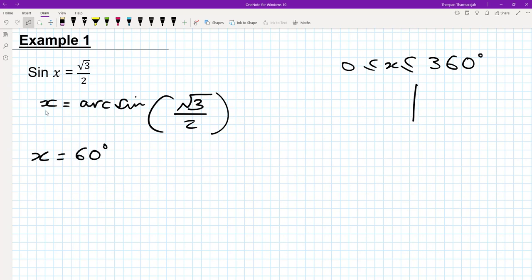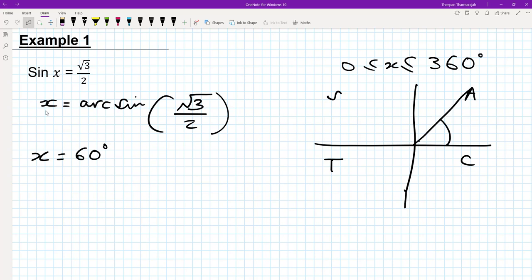And then we can draw our CAST diagram and say, okay, where is sine positive? It's positive here in the first quadrant, positive there in the second quadrant. So you measure all angles in an anti-clockwise sense if it's positive.